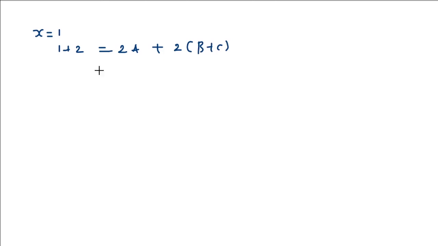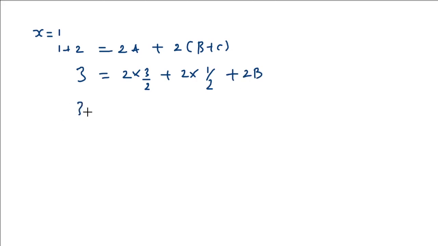Now, if we substitute, because we have the values of a and c, we have 3 equals 2 times 3/2, remember our a was 3/2, plus 2 times c, but our c was a half, plus 2b.